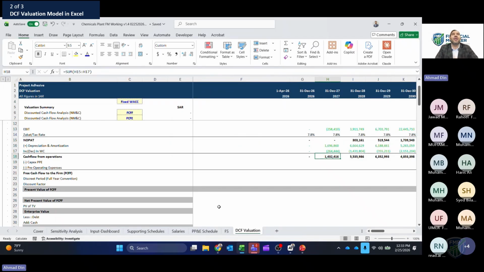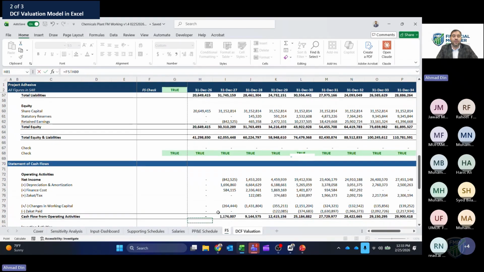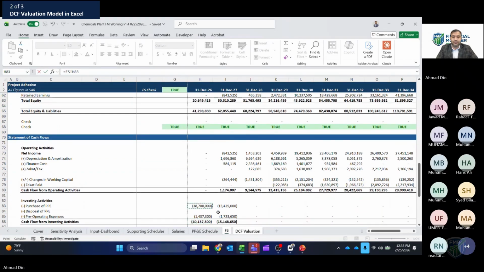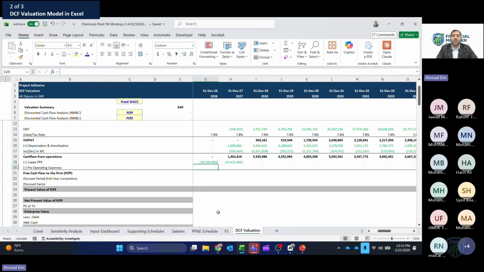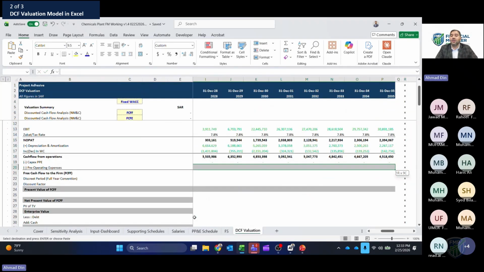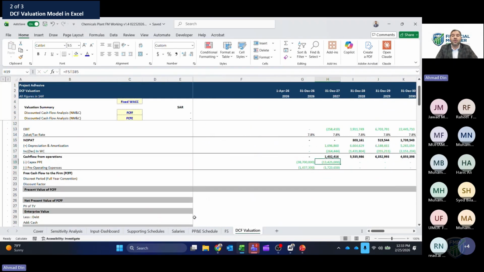Then we need to deduct any kind of capex which we are incurring on a yearly basis or in the startup phase of the business, which is also from our cash flow from investing activities. In this business, we have two types of cash outflows, our pre-operating expenses and our capex, because this is a greenfield project.